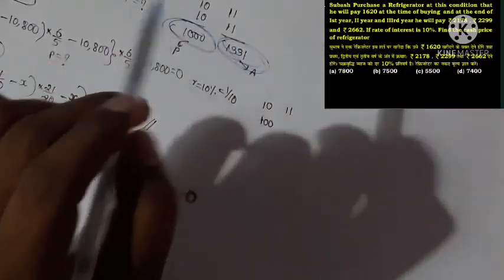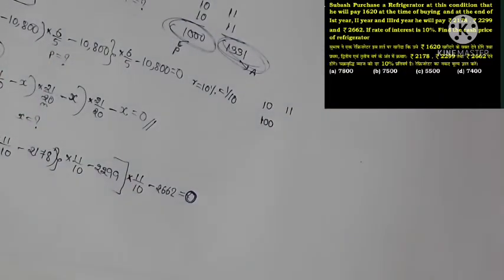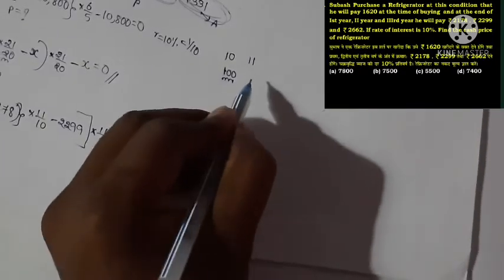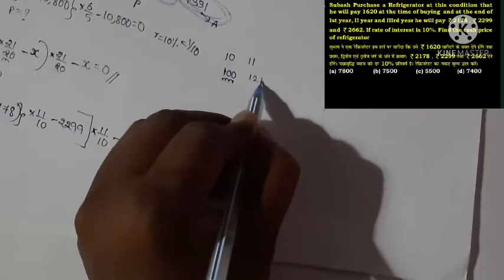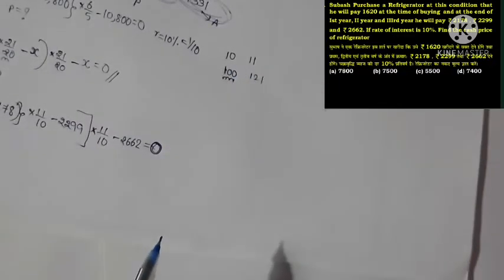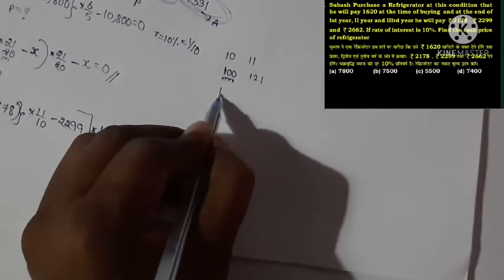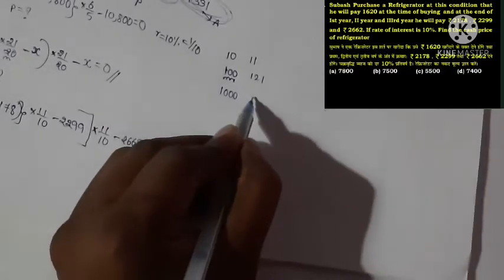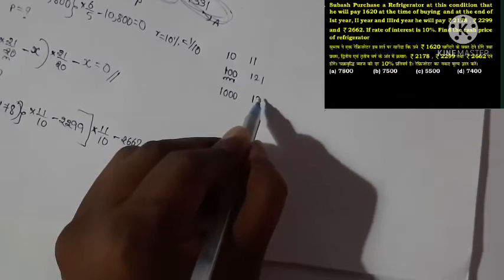So after 3 years the principal is 1000 and amount is 1331. So for second year the price is 100 and the installment is 121. For third year the price is 1000 and the installment is 1331.